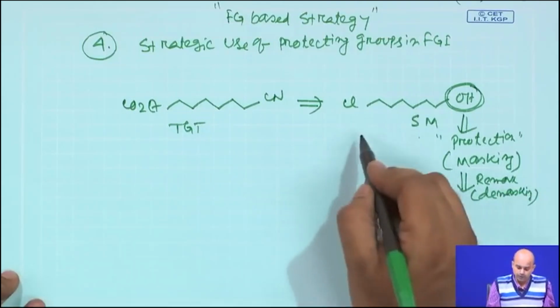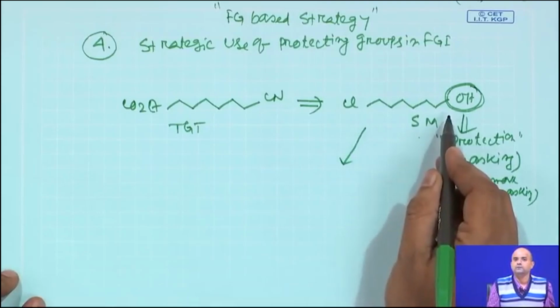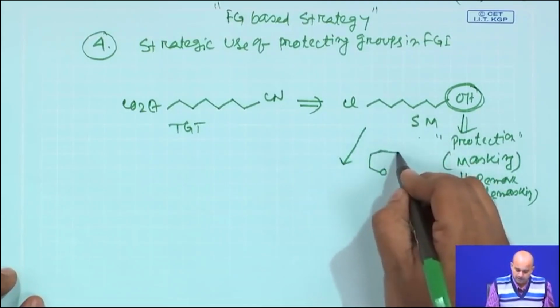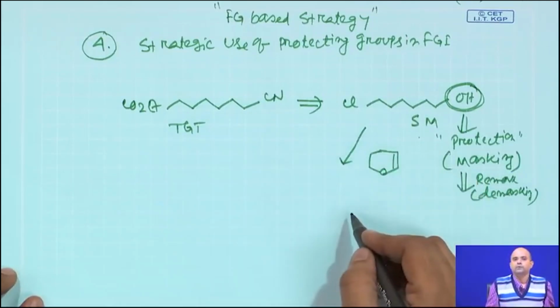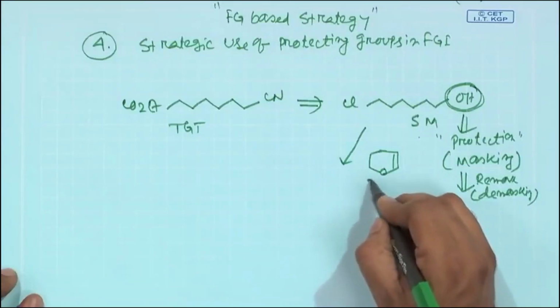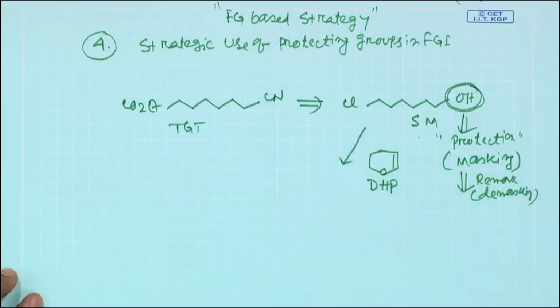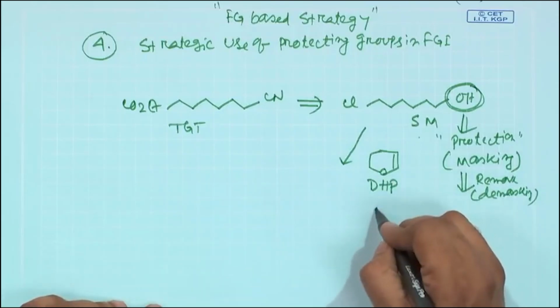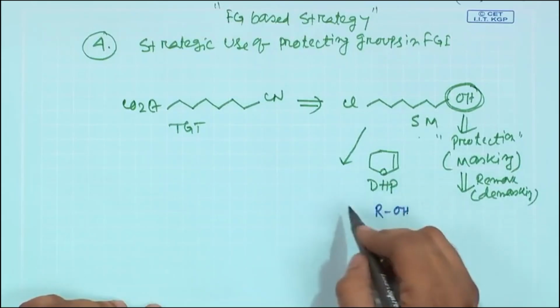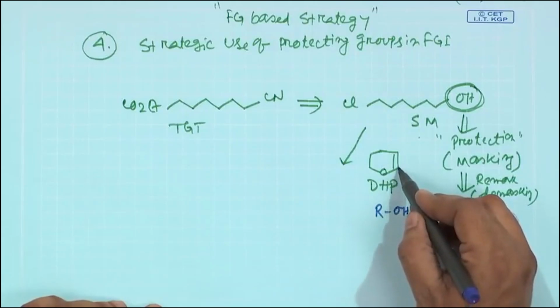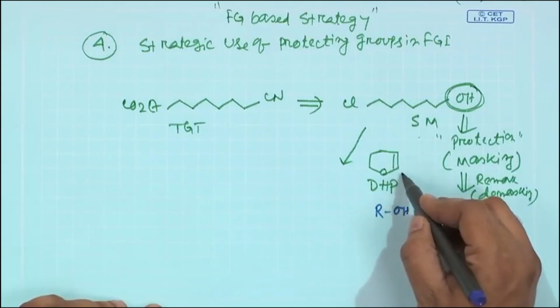Now, coming to this particular problem, the alcohol is free, so you need to use a protecting group. Alcohols are normally protected as the corresponding tetrahydropyranyl ether by a suitable reagent named DHP. DHP is this reagent, and if you react DHP with an alcohol in the presence of a catalytic amount of mineral acid or para-toluenesulfonic acid, the initial thing is that you get a positive charge here.